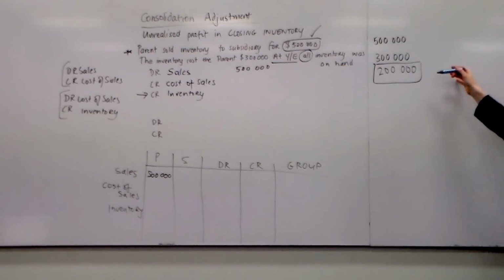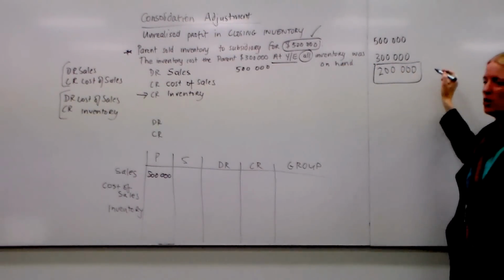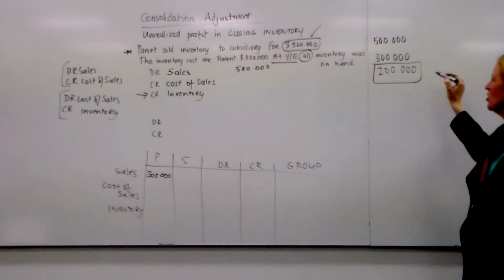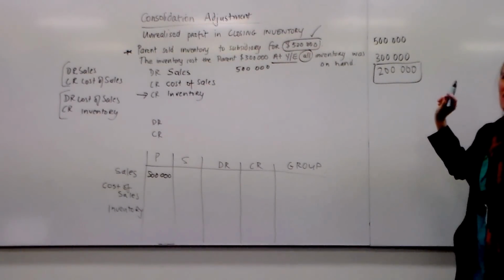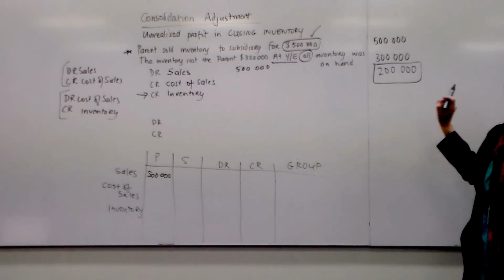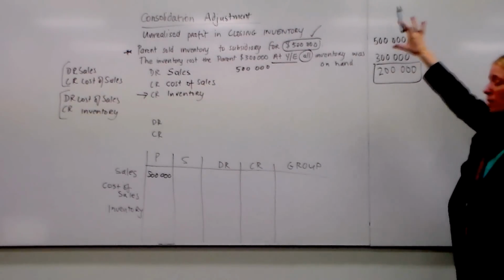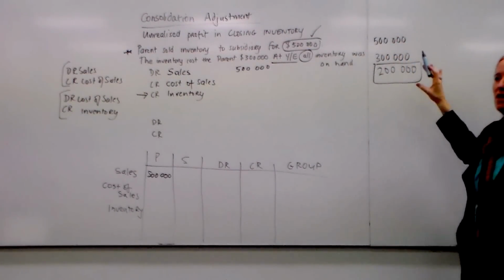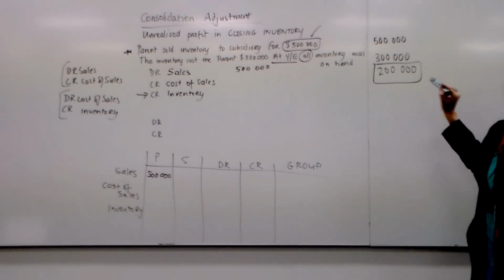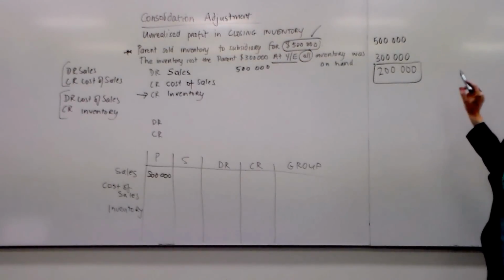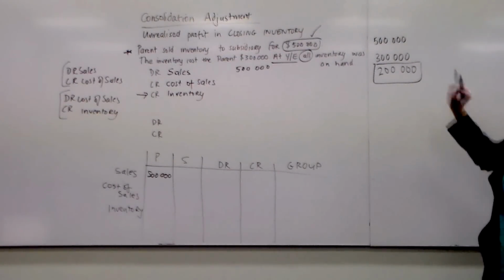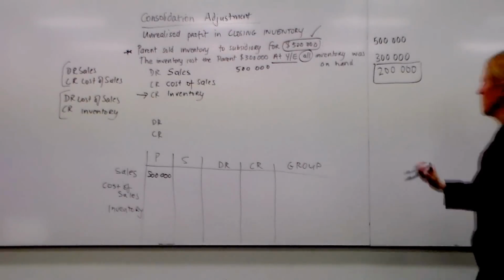So the full profit is an unrealized profit because it has not been a sale outside of the group. This sale took place inside of the group. Therefore, the profit that was made is considered to be an unrealized profit. It can only be realized when it's actually been a sale outside of the group.